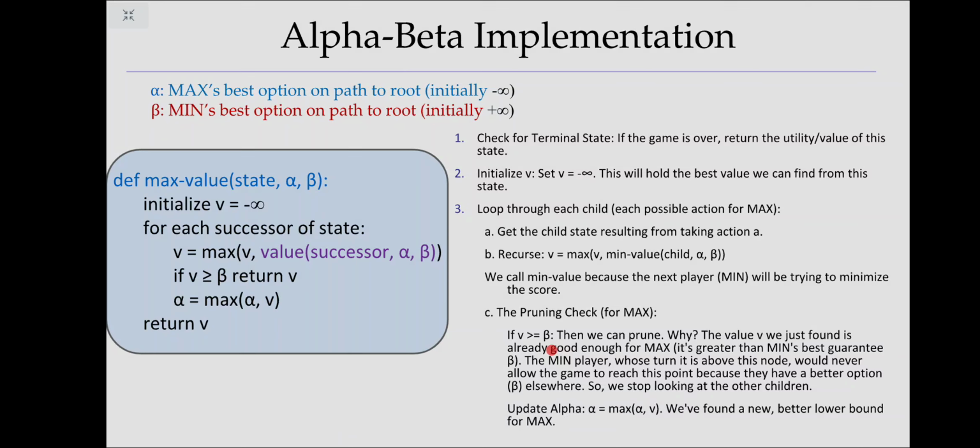It checks v with beta. If v is greater than beta, the min player thinks that this branch is not useful for myself.